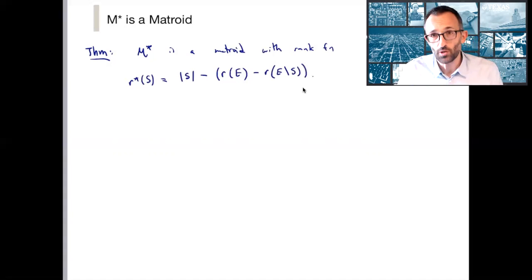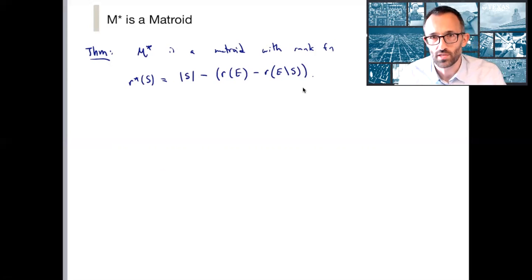Here's what we're going to do. First, we're going to show that R star, as I've given it, is the rank function of some matroid. We'll do this using a result of a previous lecture, that a set function is a rank function if and only if it is submodular, R of the empty set is 0, and its marginal values are either 0 or 1.